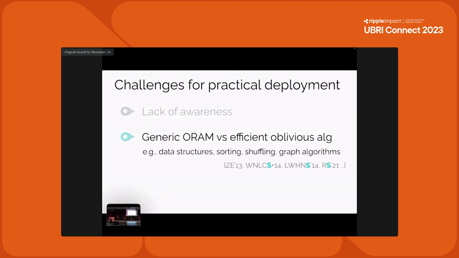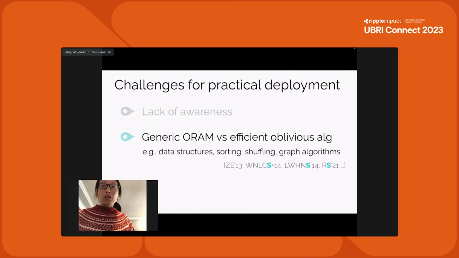There are other challenges. For instance, you can use a generic ORAM. What generic ORAM gives you is you can take your legacy program and directly compile it to an Oblivious counterpart. But you can also do it more smartly, and tailor a specific Oblivious algorithm for your specific computation task, and this can often make your algorithm faster. This is one of the reasons we are building Oblivious STL.